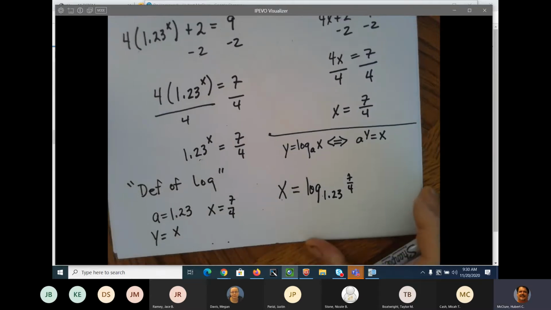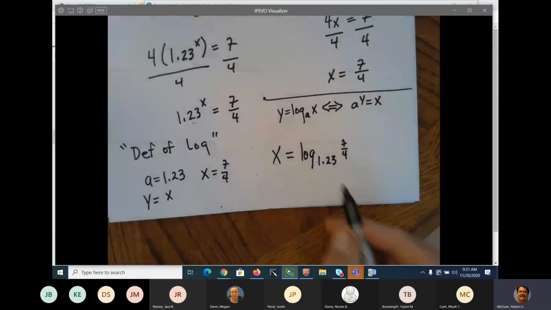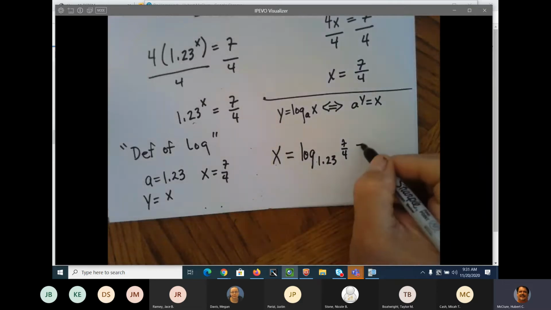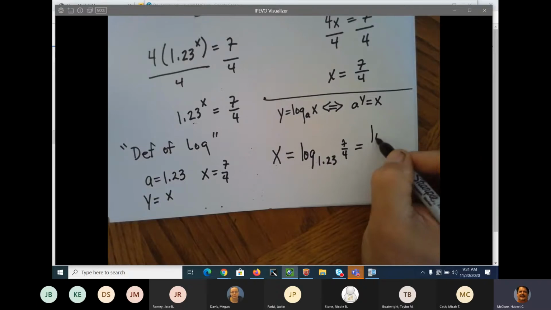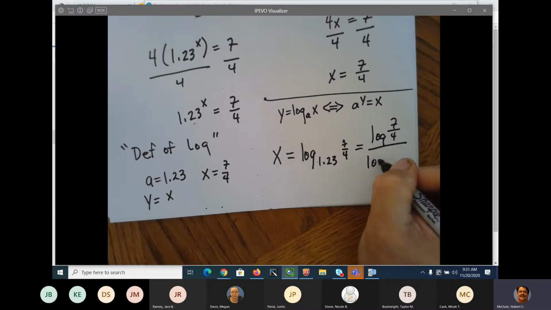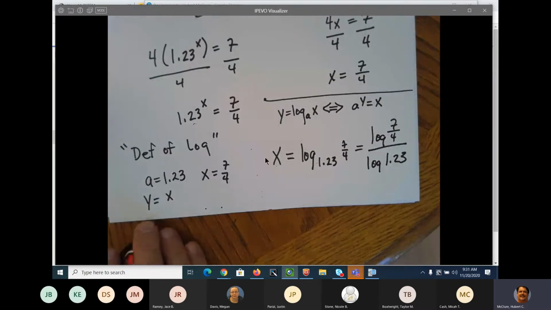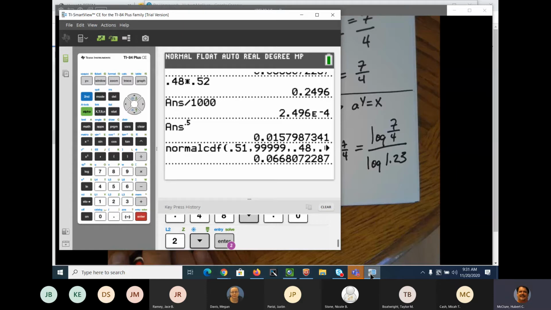And the change of base formula says that if I want to punch this in a calculator, I do log of 7/4 divided by the log of 1.23. Let's take our handy dandy calculator and clear.